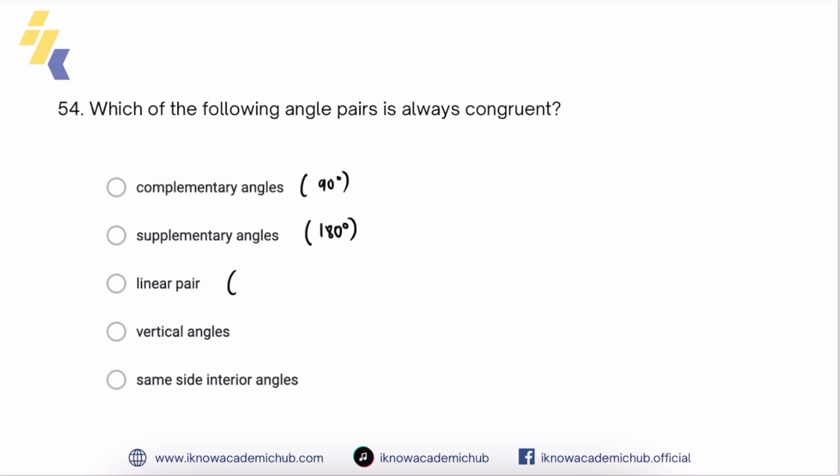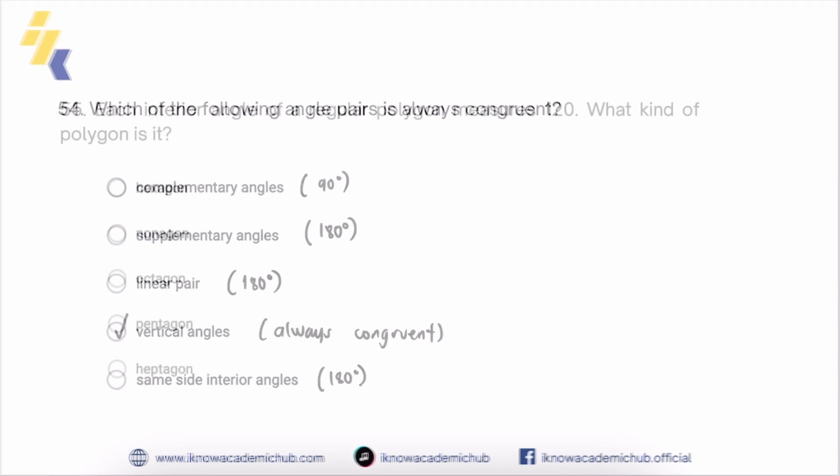Linear pair, that's also pairs of angles having a sum of 180 degrees. Same side interior angles are angle pairs whose sum is also 180 degrees, while vertical angles are angle pairs which are always congruent. And thus, the correct answer.